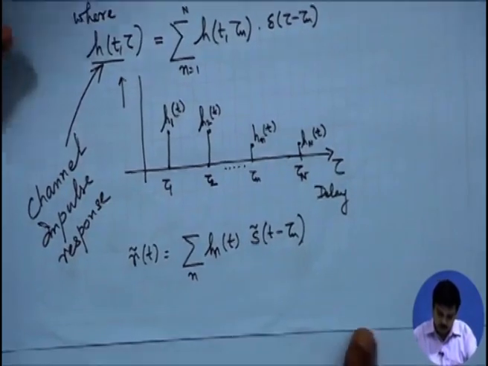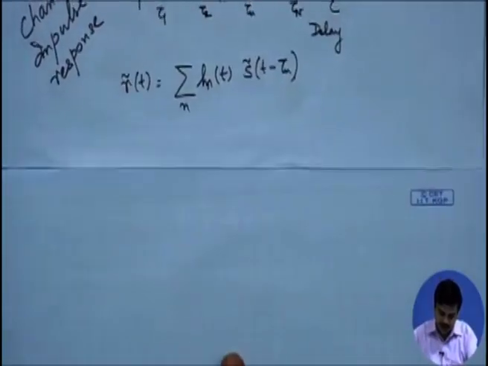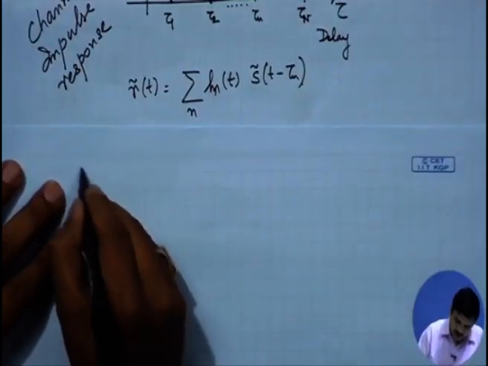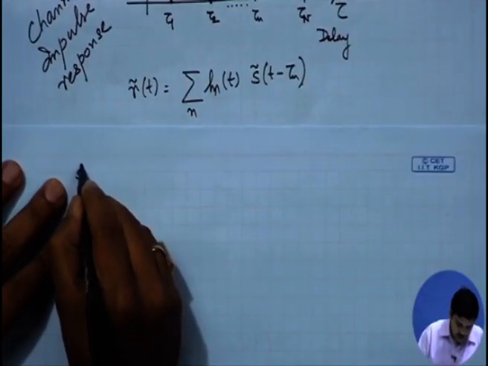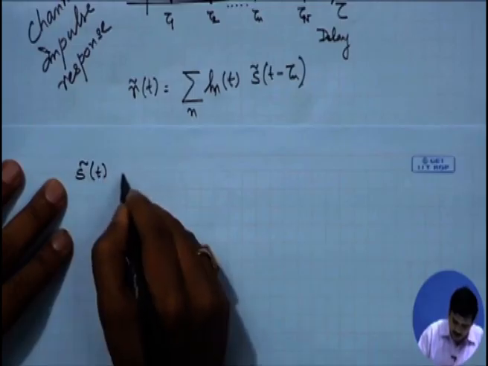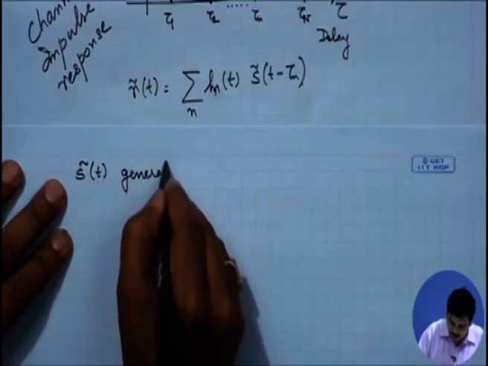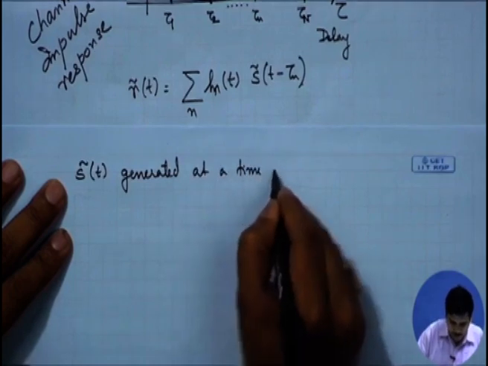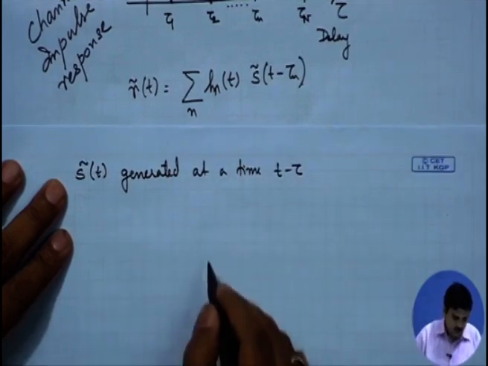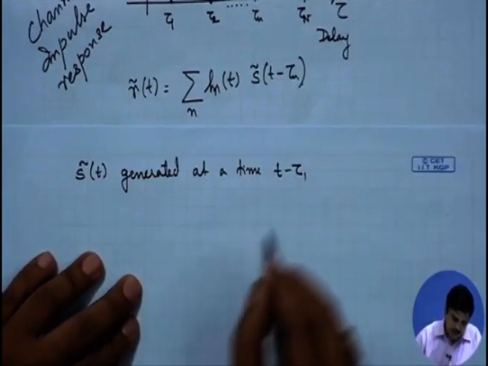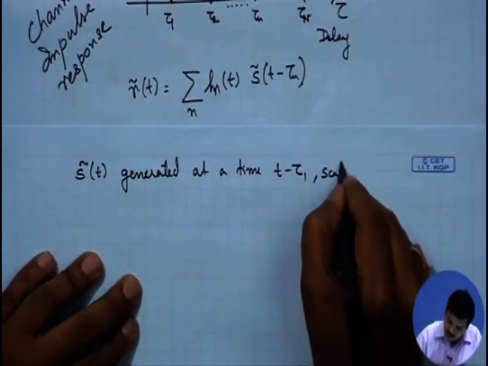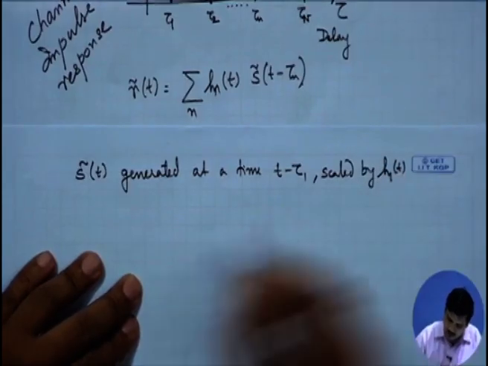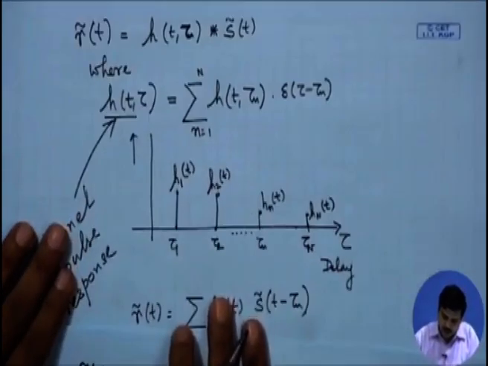What we could also say is that, as if we have the situation where the signal s tilde t, which is generated at a time t minus tau 1, let us say, and scaled by h 1 of t, right. That is what we are getting over here.